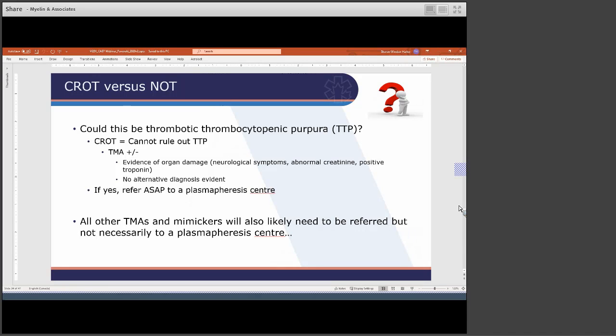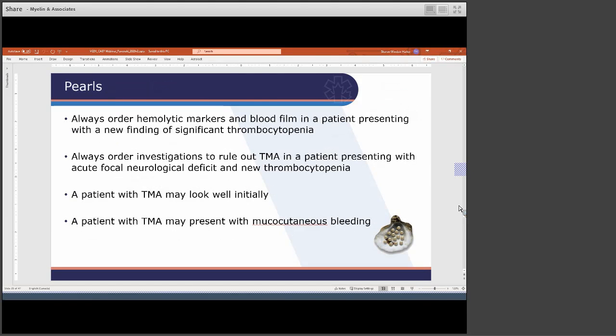But that's not where your job stops, because yes, it may not be TTP, it could be some other TMA, and they may also need to be referred. These patients may have aHUS, they may have catastrophic antiphospholipid antibody syndrome, and all of these conditions also require treatment, but they don't necessarily need to go to a plasmapheresis center.